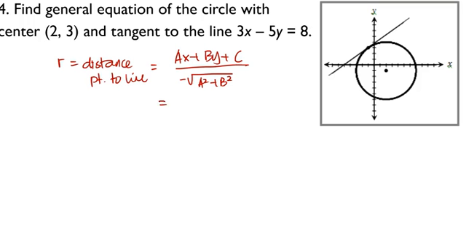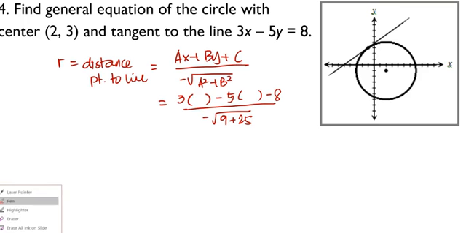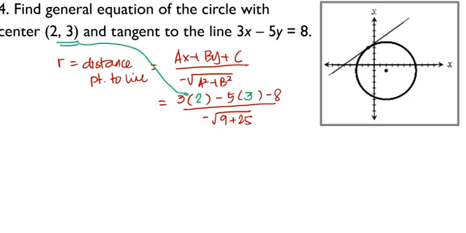So using this equation, 3 times 2 minus 5 times 3 minus 8 all over negative square root of 9 plus 25. So for the parentheses here, what we use are the 2 and 3. So I'll just use a different colored pen for that. So here, 2, this is 3 coming from that one for you to remember. Okay, so let's continue on. I'll just use blue.